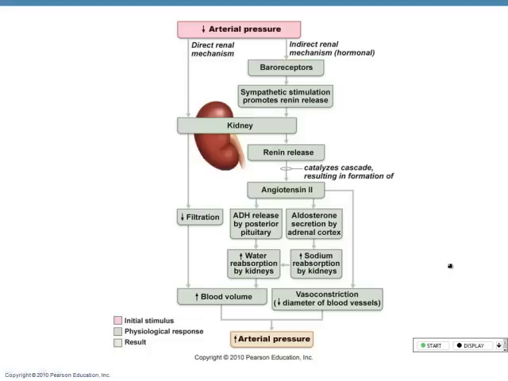And this series of release of hormones is going to cause those nephrons, those cells, to reabsorb more water back into the system. It does it by causing it to reabsorb more sodium back into the system. Water's going to follow. That's going to result in what? An increase in blood volume.